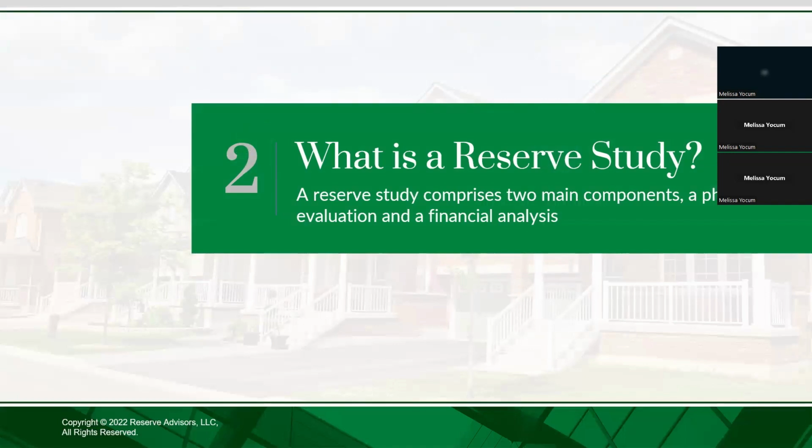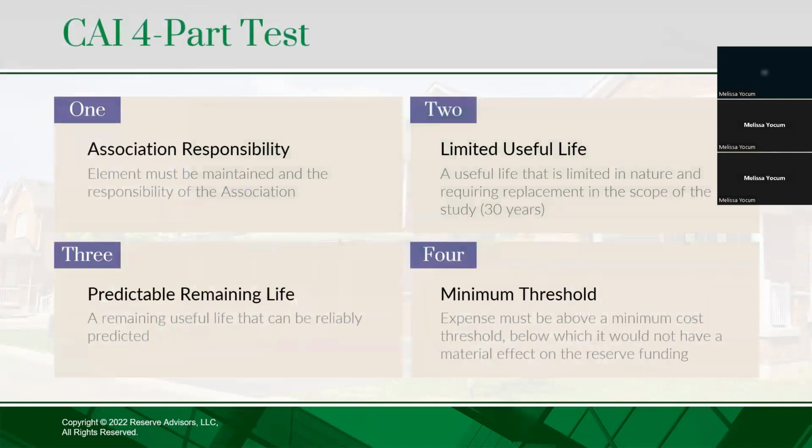So what exactly is a reserve study? We've kind of talked through components briefly, but what is a reserve study? Well, CAI, or Community Associations Institute, is sort of the keeper of reserve study standards. They created them, I think it was in the early 90s. They've been revised a couple times, most recently just last year.